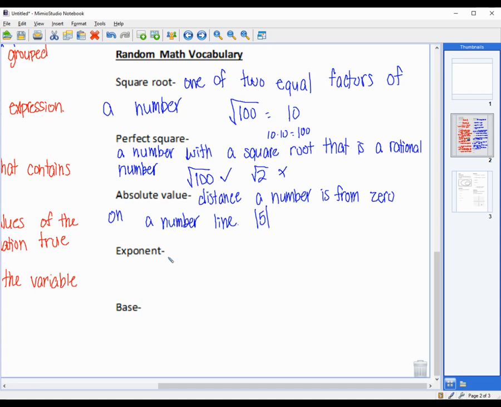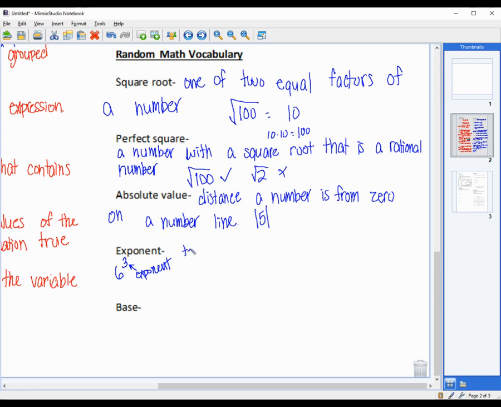Okay, exponent. So let's say we were going to do 6 cubed. Okay, 6 cubed. Well, this right here, that is our exponent. Okay, so what this does, this tells us how many times 6 is going to be multiplied by itself.